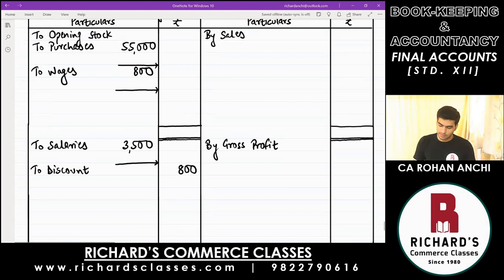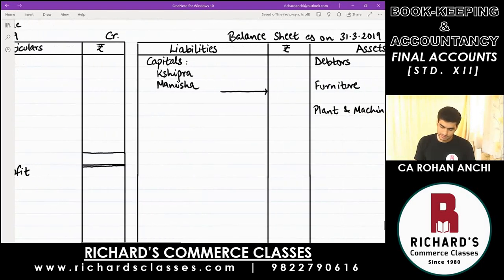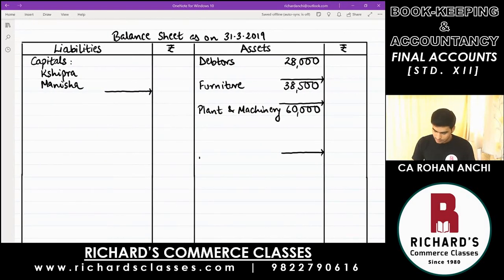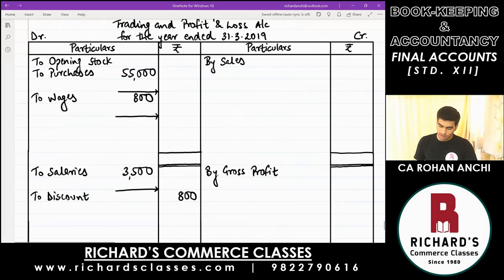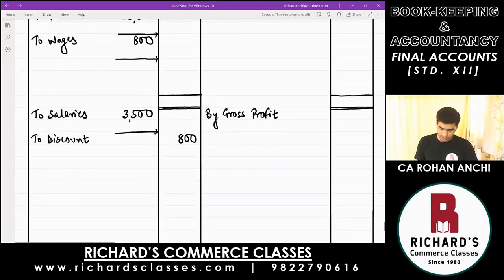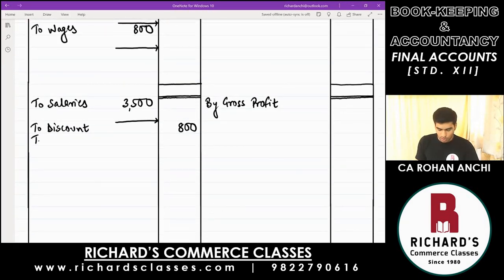Bills receivable. That is an asset. Amount in the outer column 14,400. Then carriage outward, back to profit and loss account. To carriage outward.